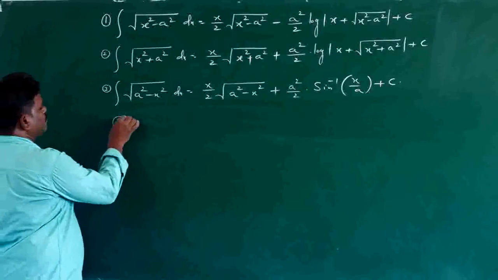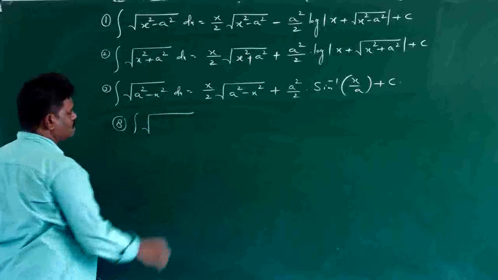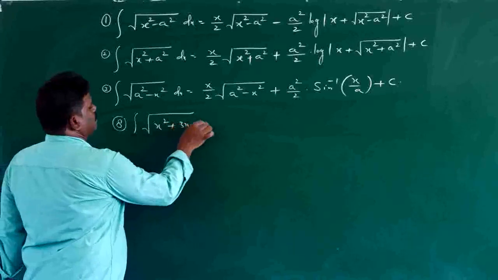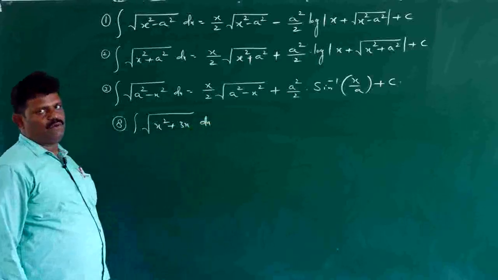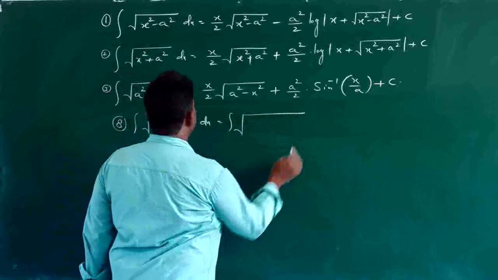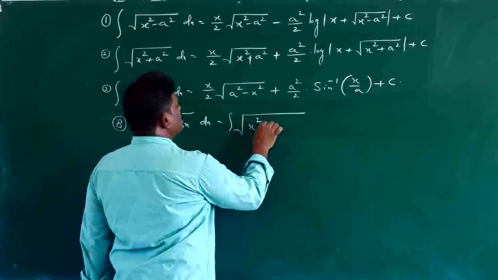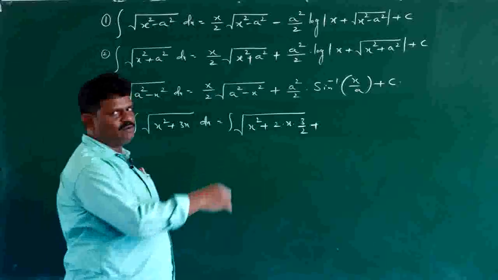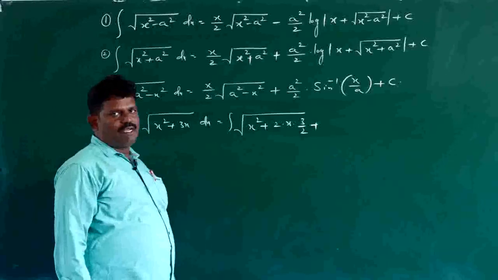So the eighth one: integral of square root of x² + 3x. If you convert it into a perfect square, x² is written as 2 into x into 3/2, which I just explained in the seventh question.